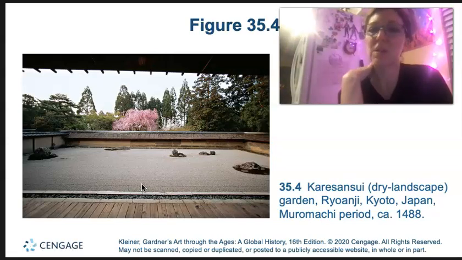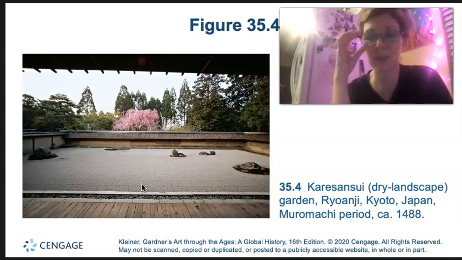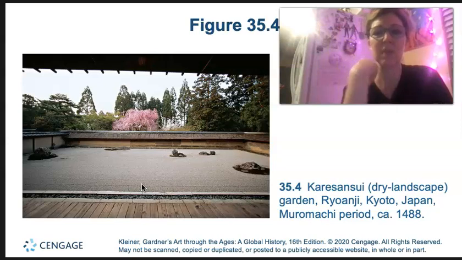Dry landscape gardens became very popular in Japan during the Muromachi period. Karesansui, which means dry landscape gardens, were helpful for meditation, which is a facet of Zen Buddhism. A characteristic trait of Zen Buddhism is an emphasized rigorous discipline and personal responsibility.